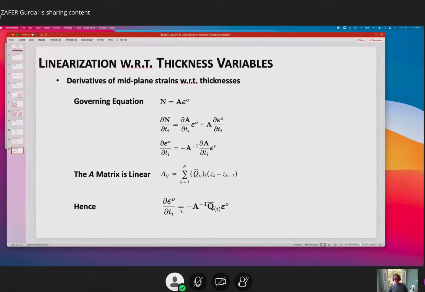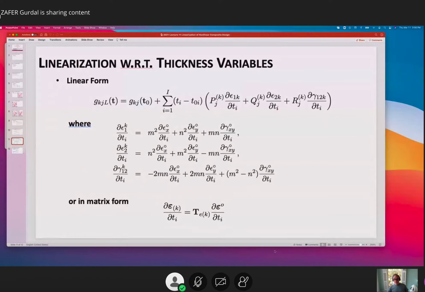If you have this expression, you will put this into the right-hand side here. And what that will give you is the strains in the principal material direction. Now, you derive the derivatives of the strains with respect to principal material directions.